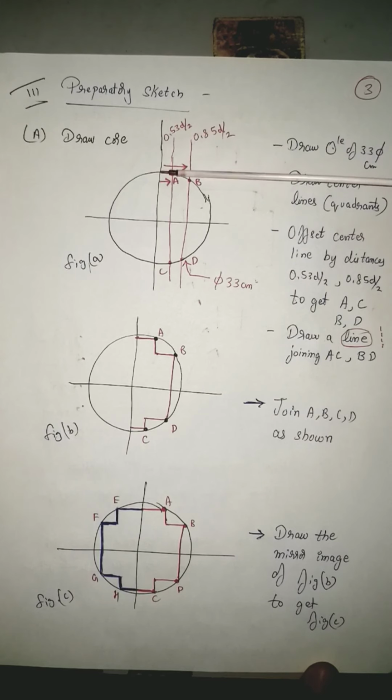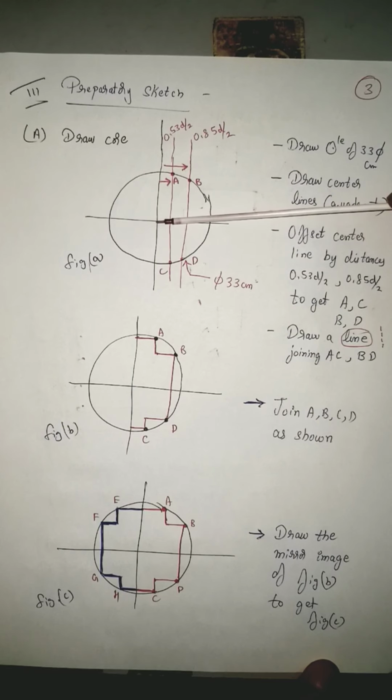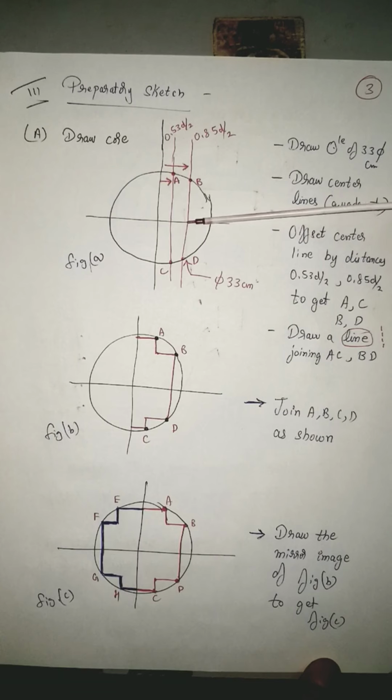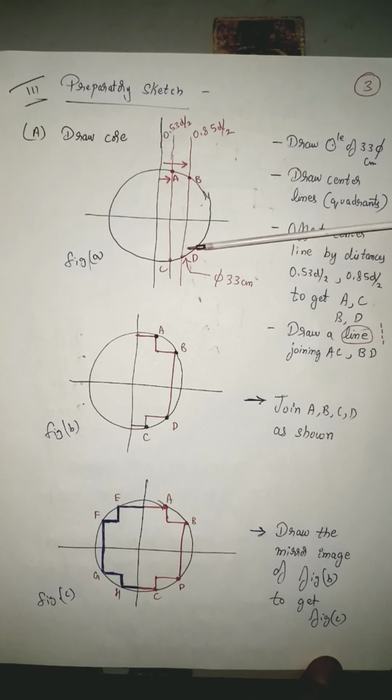That is, from this center, at a distance of 0.53D by 2, I am drawing a line. Wherever this line meets the circle, you locate point A and point C. Similarly, from the center, I'll measure a distance of 0.85D by 2 to get this point. Here I'll draw a line, and wherever it meets the circle, I get B and D.